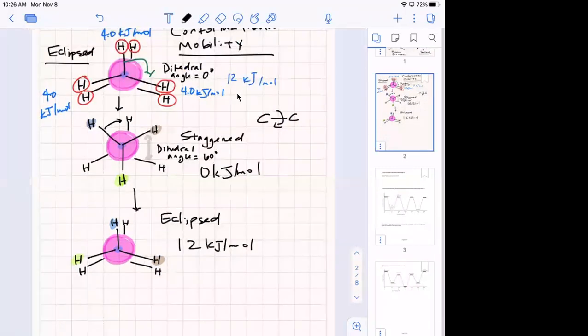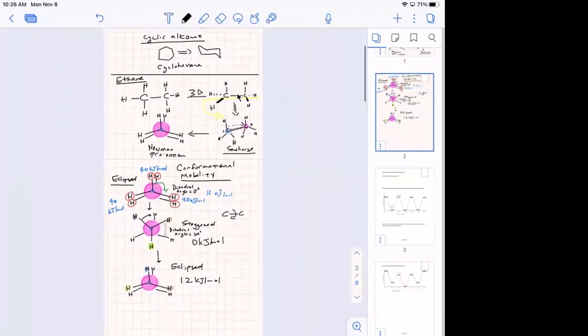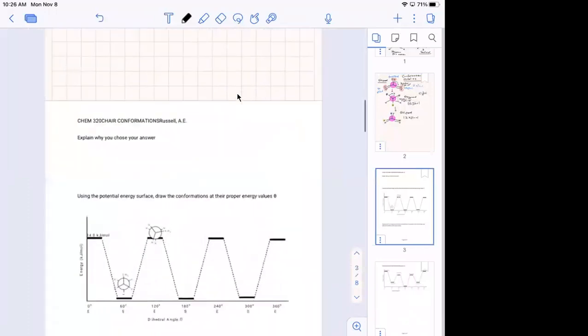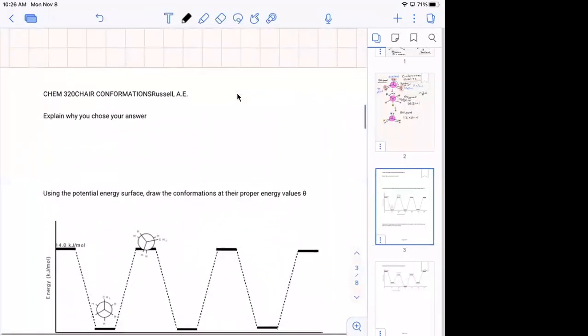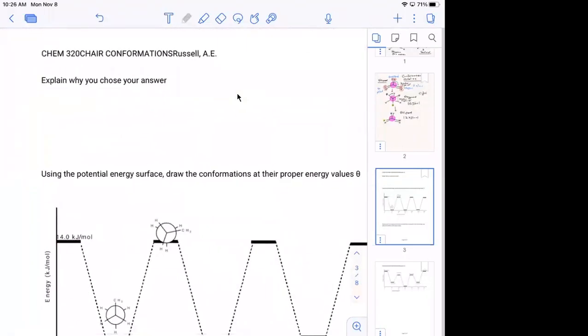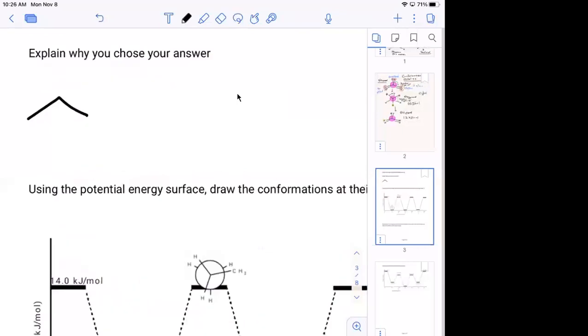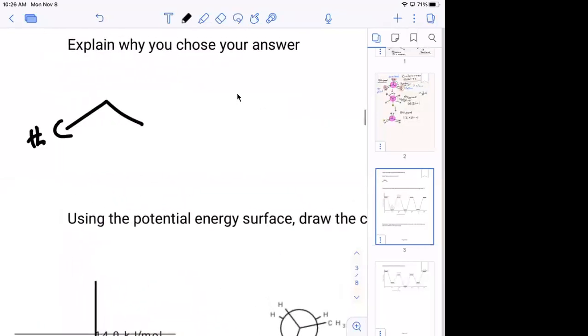So let's take this up to another molecule. Let's look at propane. Propane is a 3-carbon chain. And I'll put the methyl groups in like so.